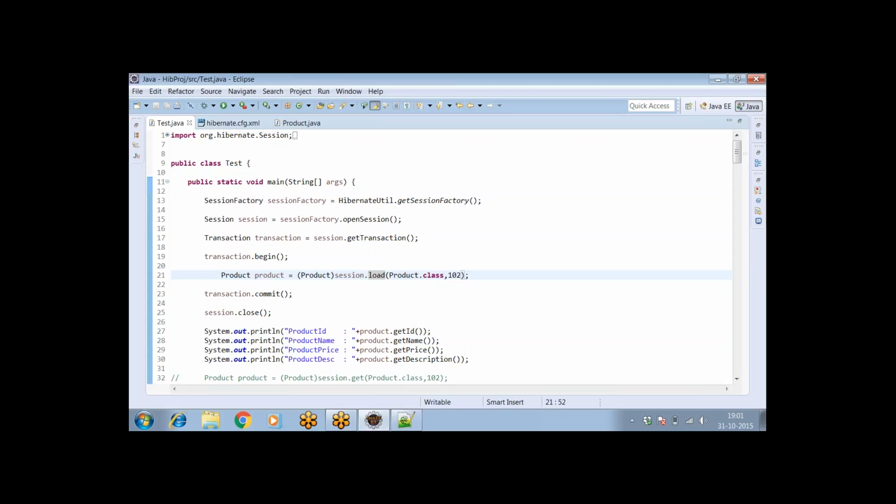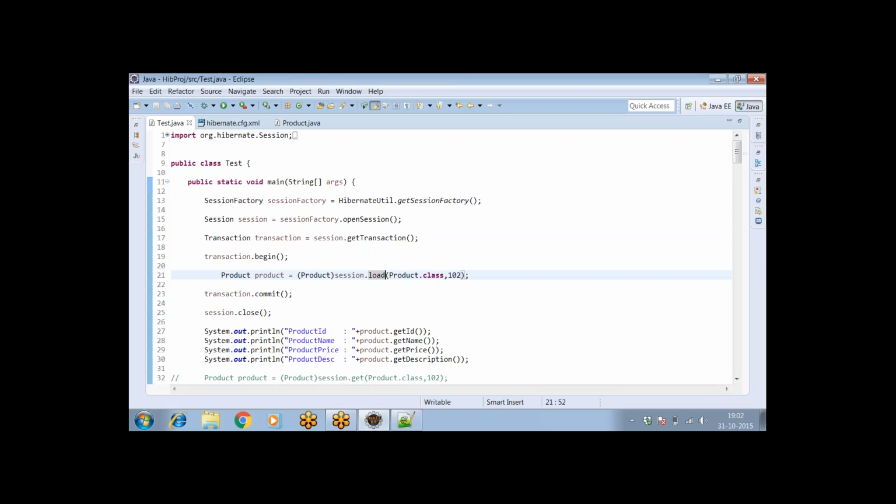You know, the load method here is trying to avoid unnecessary DB interactions. Only if the user really needs the data will it hit the database server and fetch the record. Otherwise it won't.